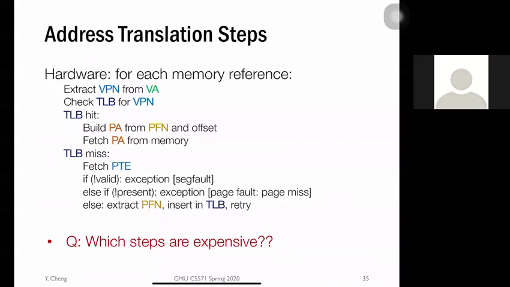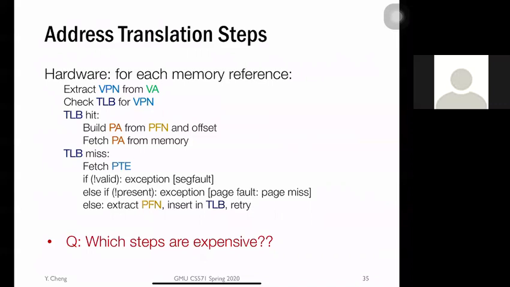In this slide, we basically revisit this address translation protocol, address translation algorithms, but we are essentially looking at a slightly more advanced version, where it incorporates seg faults together with page faults.